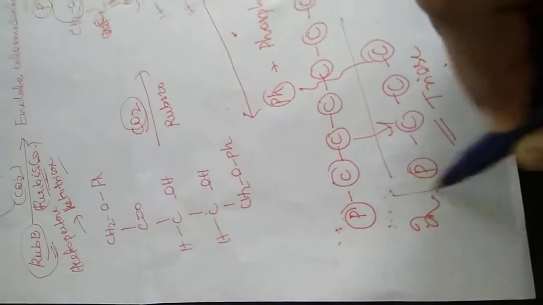This is also called 3-phosphoglyceric acid. So this is produced from this addition product right there.